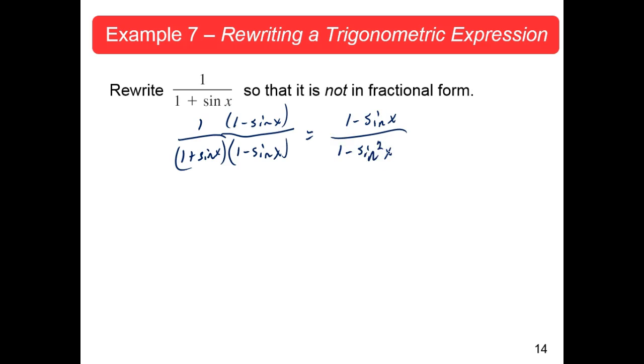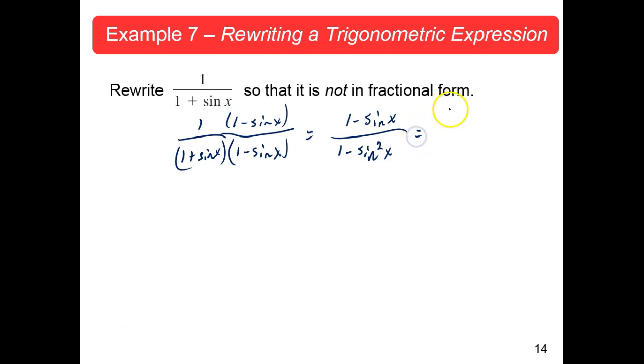I mean, FOIL it if you need to. 1 times 1 is 1. Then you get a minus sine x, a plus sine x, that adds to 0, and then minus sine squared x, right? Now, do you see why that was a pretty good choice? What is 1 minus sine squared? That is cosine squared x.